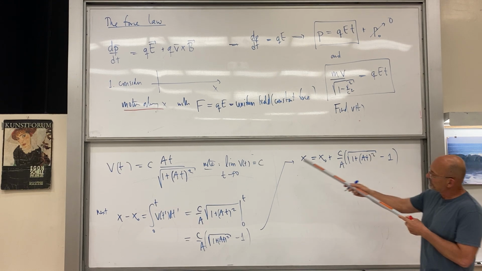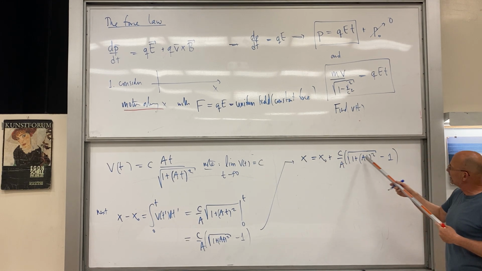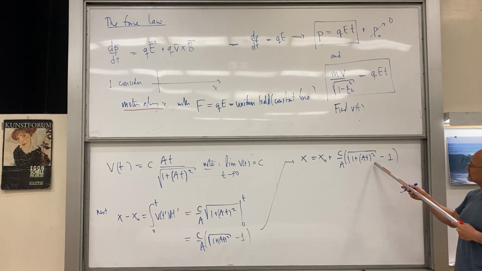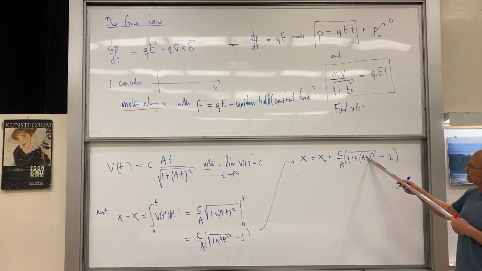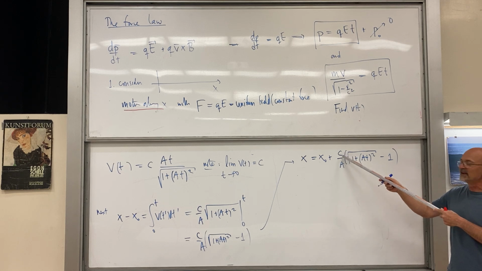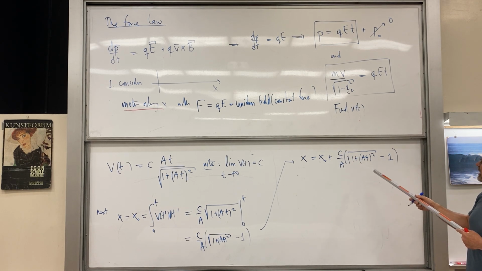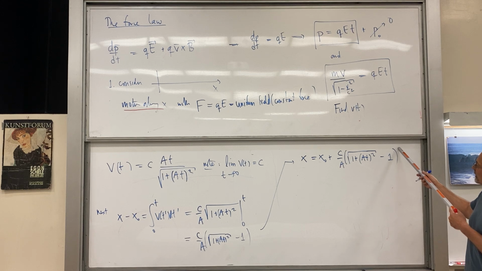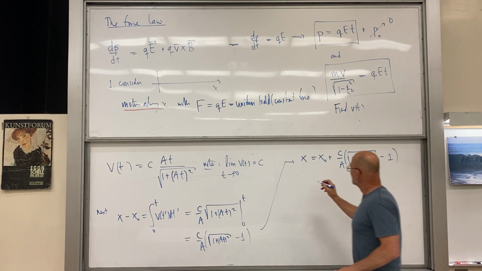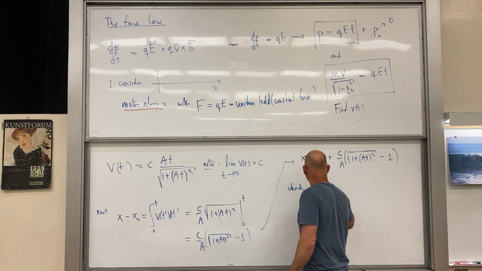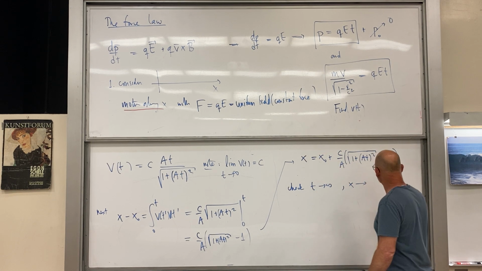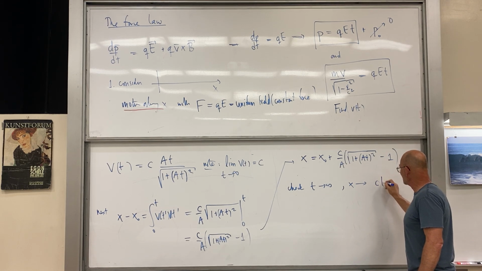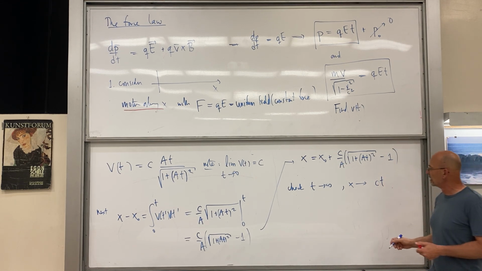In keeping with this limiting speed, as t goes to infinity, you're going to neglect the 1, you can have a cancel that, the square root of t squared is t, you're just going to have x naught plus c times t, so it's got that linear growth as time goes to infinity. So check: as t goes to infinity, x goes to just c times t, plus whatever constant.